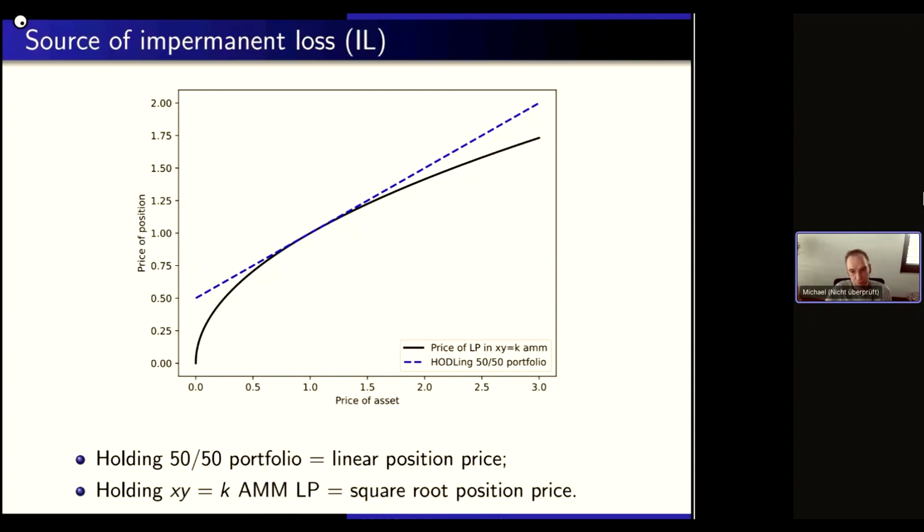Imagine that you put crypto liquidity in volatile coins in some, let's say, simplest Uniswap2 pool, for example. Or maybe in curve crypto pools, because they have the same impermanent loss, although they are slightly different. If you do that, then your portfolio will always be rebalanced.